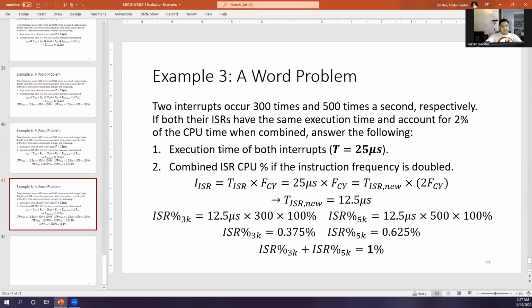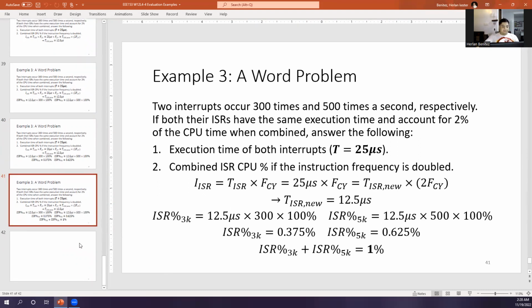So, nakita natin na pag dinoble natin yung instruction frequency natin, kaya nating babaan yung ISR CPU percentage natin. Which makes sense kasi di ba pag mas mabilis mag-react or mas mabilis gumawa ng instructions yung ating CPU, mas mabilis din matatapos yung mga interrupts and less yung kanilang percentage na kakainin out of the overall execution or out of the overall program.